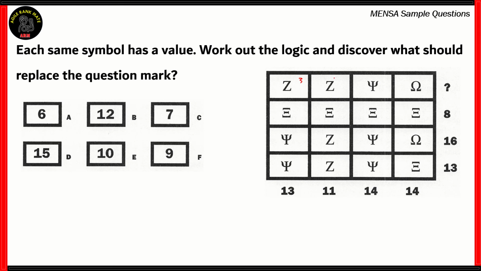So let's write them down. 3, 3, 4, 5. Now we need to find out the value of the question mark. It's basically the sum of the values of the terms in the row. So the question mark turns out to be equal to 3 plus 3 plus 4 plus 4 plus 5. 3 plus 3 gives you 6. 4 plus 5 gives you 9. 6 plus 9 gives you the number 15.